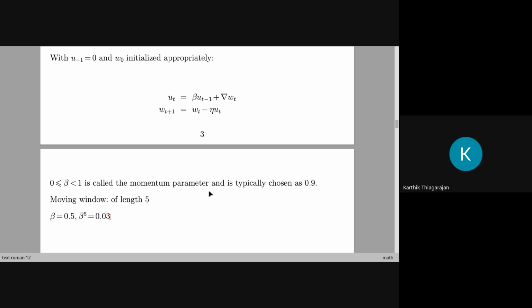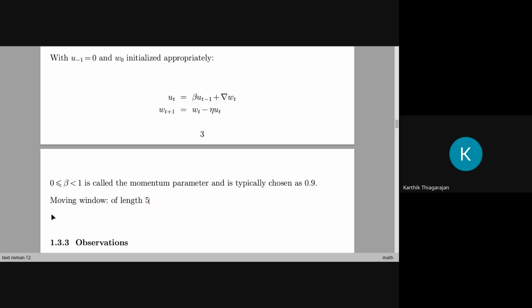I hope you get the idea. Once you choose beta, some kind of a window gets chosen, and what you care about is the gradients in that window. Anything beyond that is not going to affect your weight update because beta power t is going to be so small.